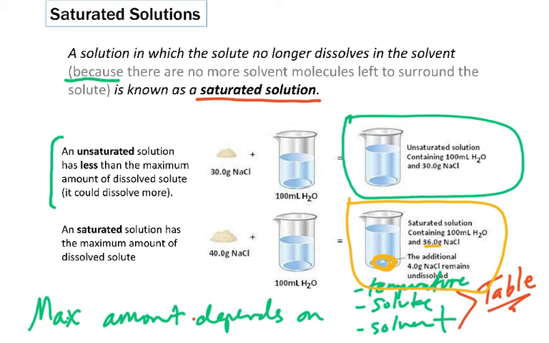And so once you hit that 36 grams, no more dissolved. You can think of it like there's no more room at the end, is how I've heard it. So all of the water molecules have basically been used up surrounding the 36 grams. So the solubility of NaCl would be 36 grams per 100 milliliters of water, would be one way you could write it.